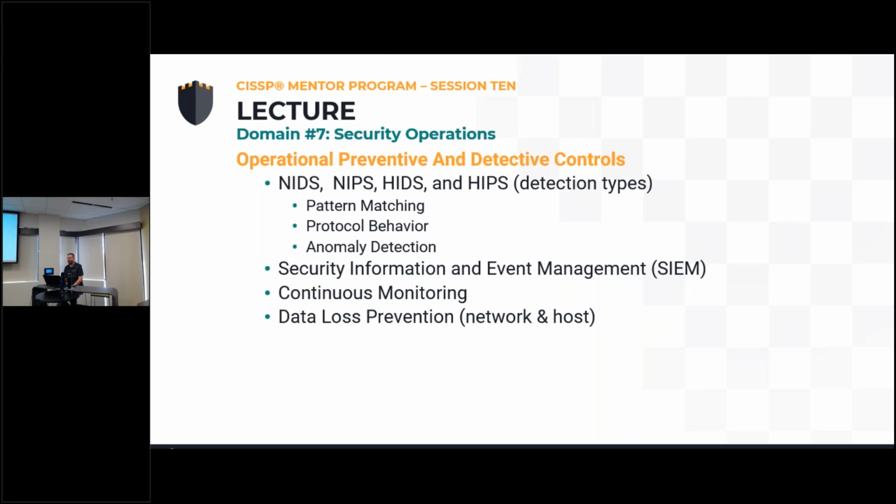And then data loss prevention, so either network or host. Data loss prevention is going to be looking for keywords, phrases, medical record information, credit card information. Is it leaving the network? Alerting on it or blocking on it. And you can have that either on a network device or on a host-based device. So just make sure you understand what those are.